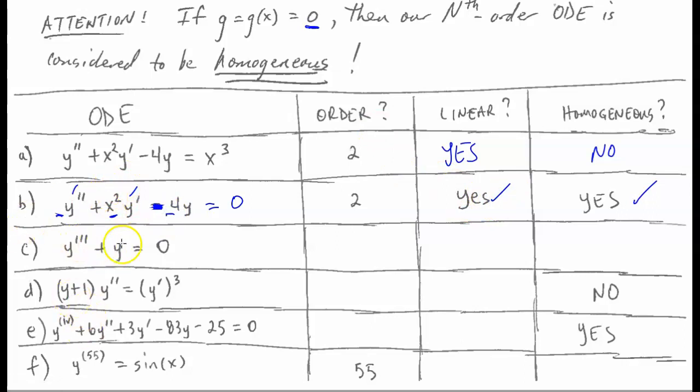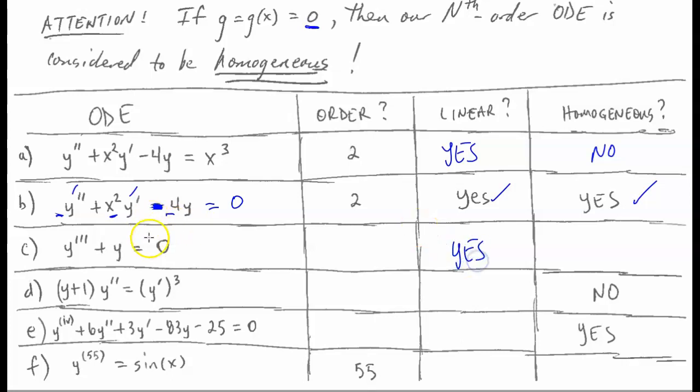All right. So for this next one here, we see we have third derivative. We're missing second derivative, first derivative, but we do have no derivative here. Okay. Now, even though it's missing, we still know that it's going to end up being linear.